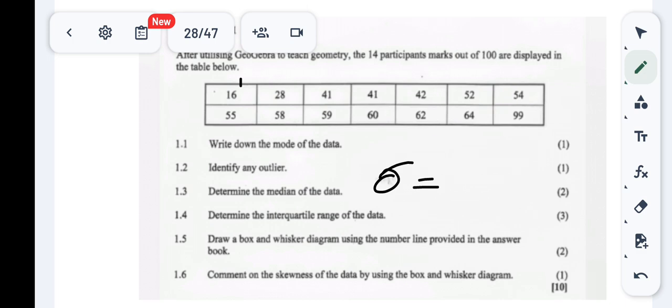Then you press AC, then press shift and press 1. It's going to show you type, data, sum, VAR, minimum, maximum, and then you will press 4 for VAR.